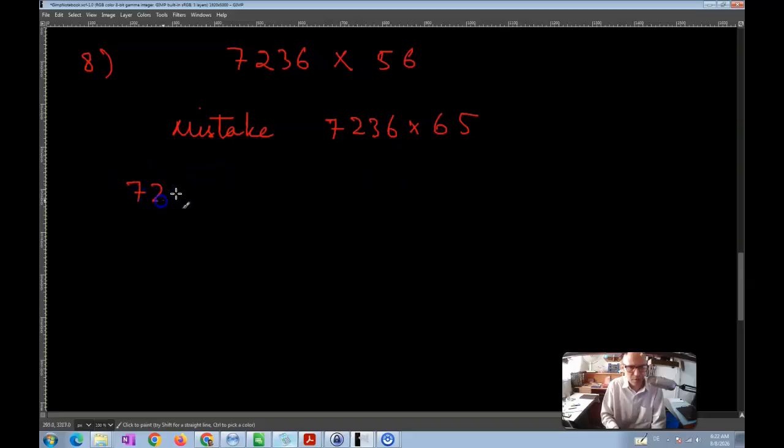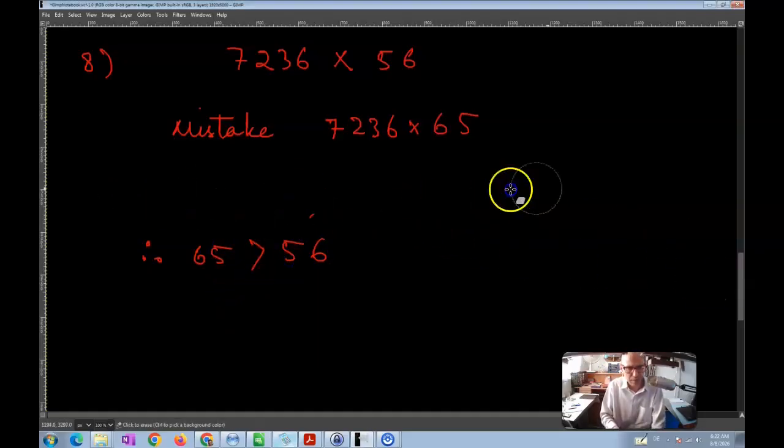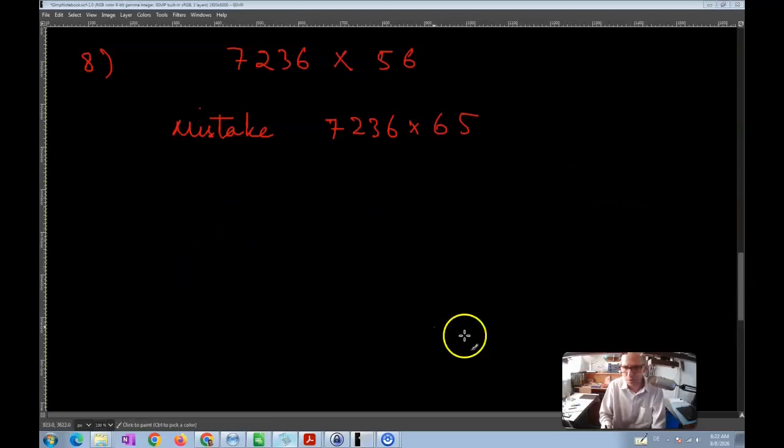Because 7,236 times 65 is going to be larger than 7,236 times 56, because 65 is greater than 56, right? Now, what we want to know is by how much is the answer going to be larger, right? So what is the difference between 56 and 65?